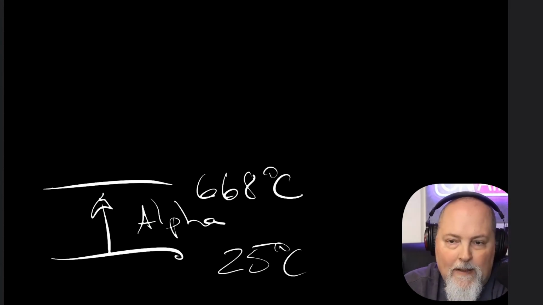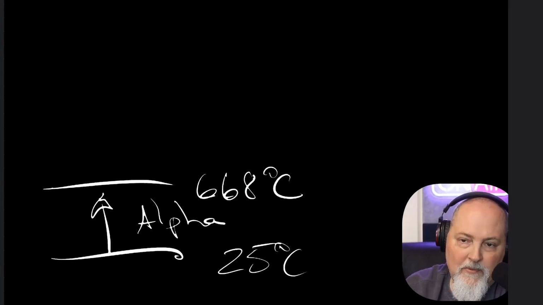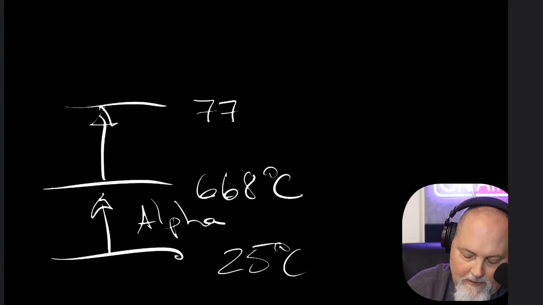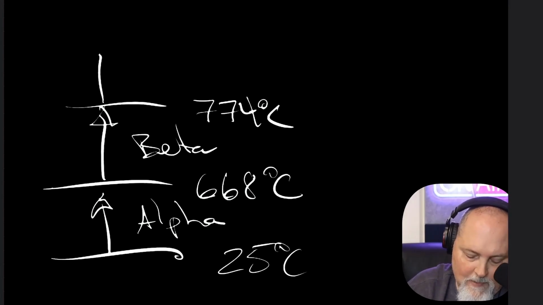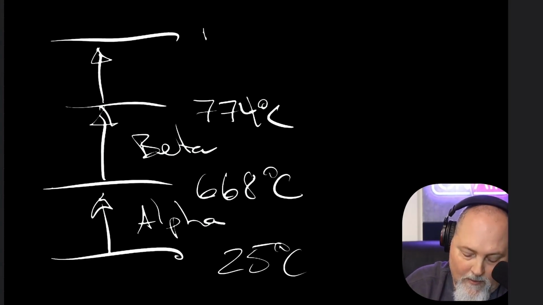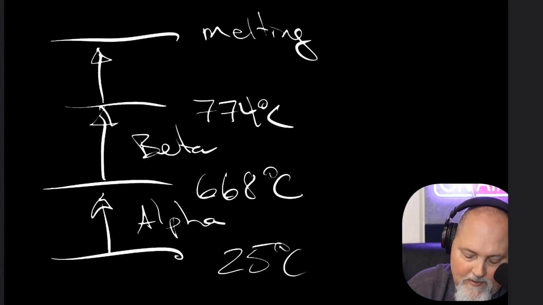The beta phase of uranium exists from 668 degrees Celsius up to 774 degrees Celsius. This is the beta. And then gamma exists from 774 degrees to its melting point, and I forget what that is, but 774 degrees and up to its melting point, and this is the gamma.